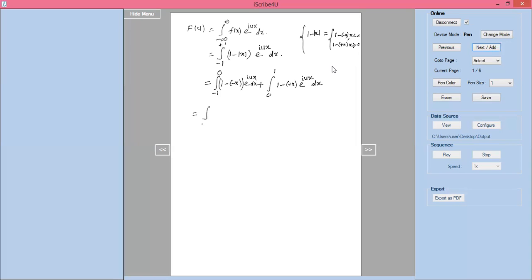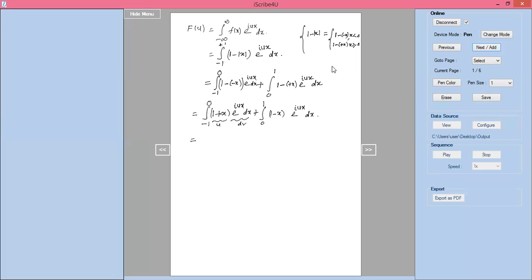Minus 1 to 0, 1 plus x into e power iux into dx, plus integration of 0 to 1, 1 minus x into e power iux into dx. Now if I integrate this, I'll take this one as u and this one as dv.